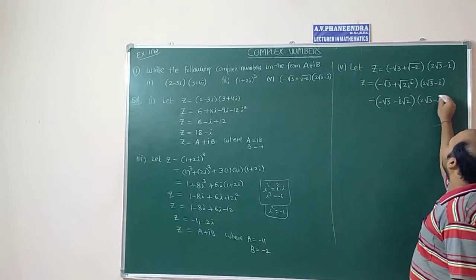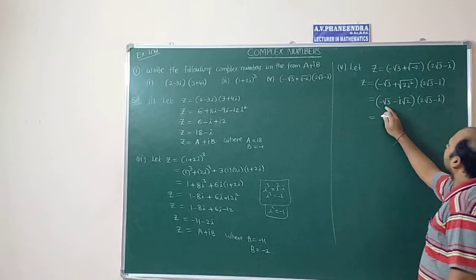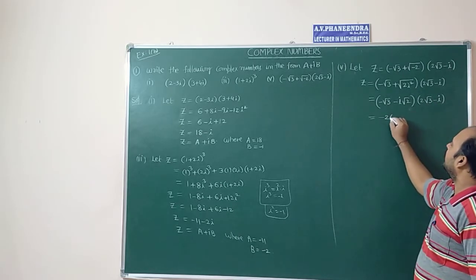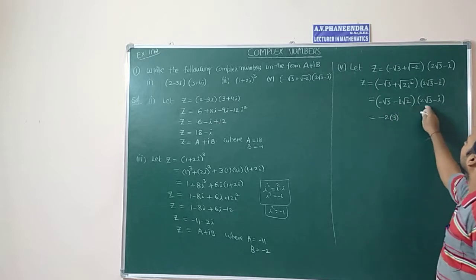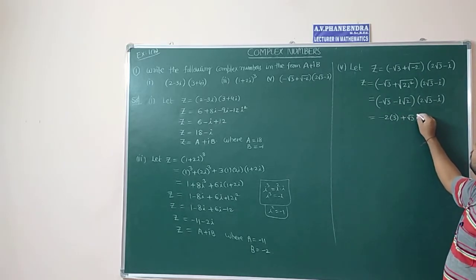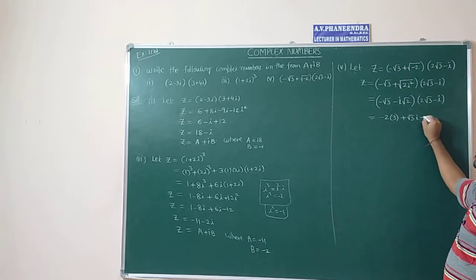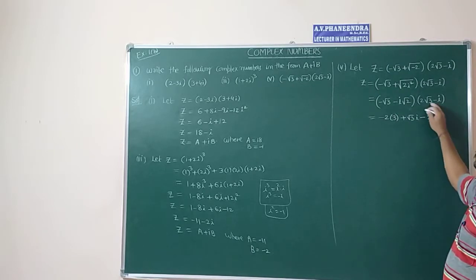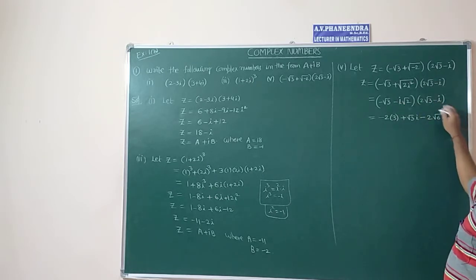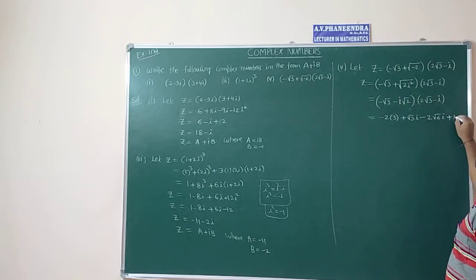Now actual multiplication we have to do. Minus root 3 into 2 root 3, so minus 2 into root 3 into root 3 is 3. Minus into minus plus root 3i. Minus into plus, minus 2 into root 3 into root 2 is root 6 into i. Minus into minus plus i square into root 2.